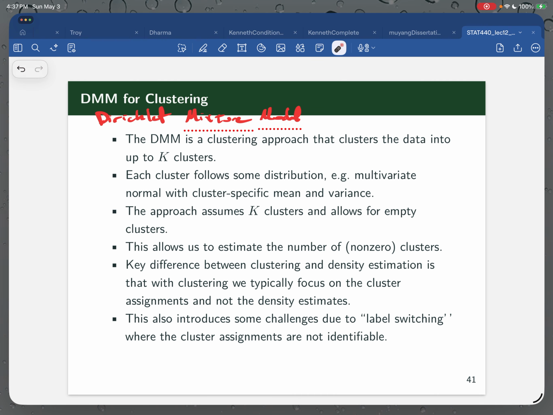We're going to start with K clusters, and K is going to be large, and what we're hoping is that the model will naturally reduce the number of clusters down to a sensible number. So even though K might be large, in our example, K is going to be 50.